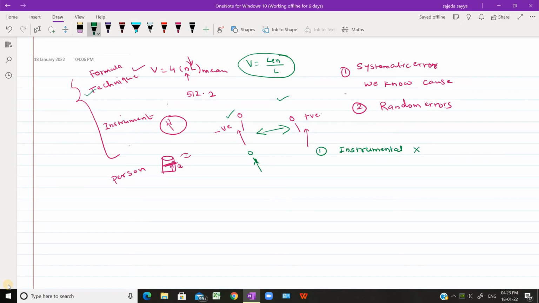then this technical error can be minimized. Another error is called personal error, just like I said with parallax involved in the measurement of the liquid.